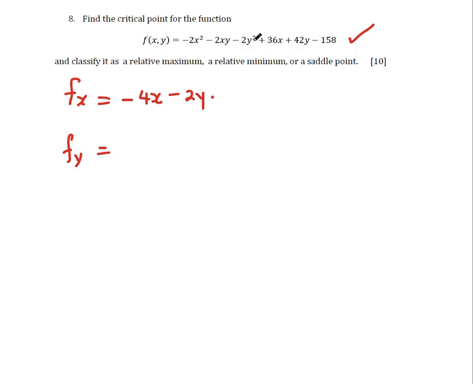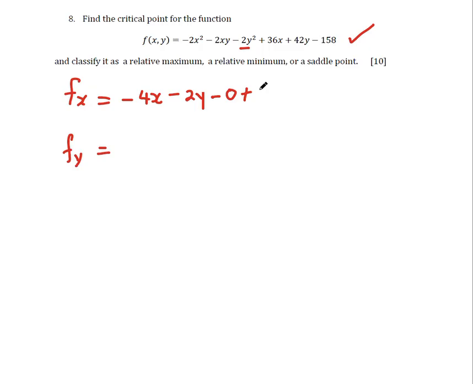When we differentiate negative 2y squared, the answer would be 0 because all of this would be a constant, and when we differentiate a constant we get 0. Because we're differentiating with respect to x, y is treated as a constant. So this entire expression would be treated as a constant when we're differentiating with respect to x.